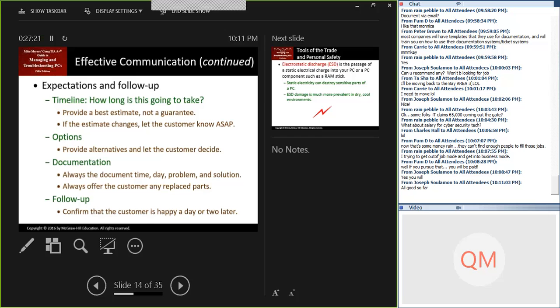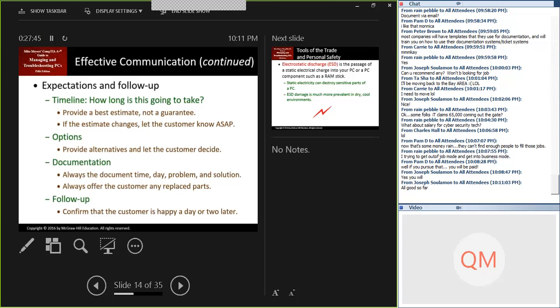Give them a best estimate. We don't give guarantees, right? Because when you go into fixing this problem, you don't know what mistakes might happen. So an estimate of, based on my experience, this should take approximately so long, right? And if you think that it's going to change, you let them know, right?